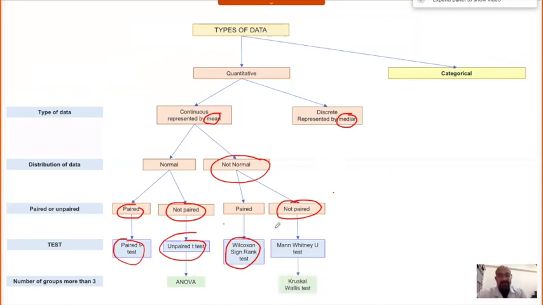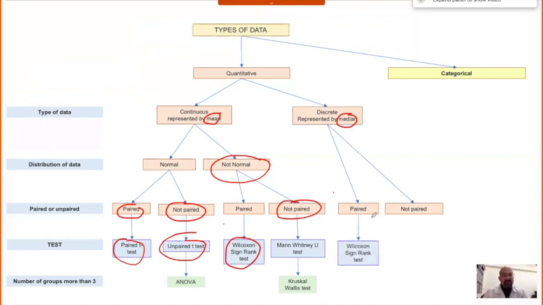And again, if it's not paired and it's not normal, and the number of groups is more than three, we use a Kruskal-Wallis test. Supposing we have discrete data which is not continuous, and we have paired or non-paired. If it's paired, we use the Wilcoxon signed rank test. If it is not paired, the Mann-Whitney U test, something similar to this.